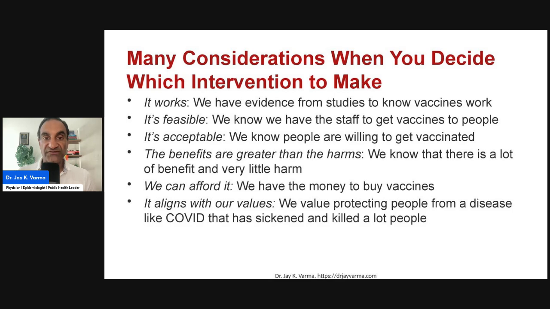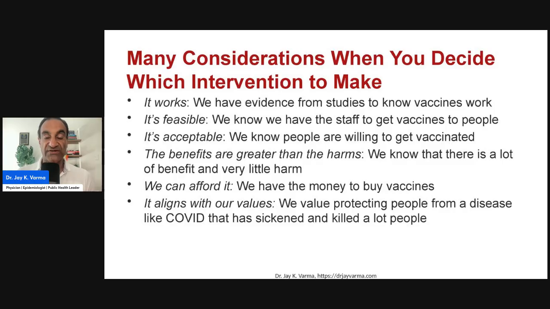Next, we believe that the totality of benefits are greater than the harms. We know that there's a lot of benefit from people getting certain vaccines and very little harm. We can afford it. We have the money to actually buy vaccines. Our government has the money available to us to do it. And finally, it aligns with our values. We value protecting people from a disease like COVID or other vaccine preventable diseases that has sickened and killed a lot of people.